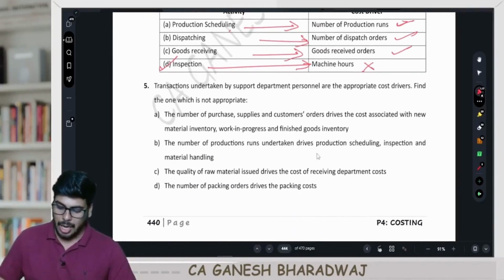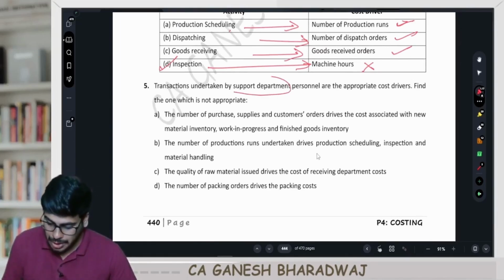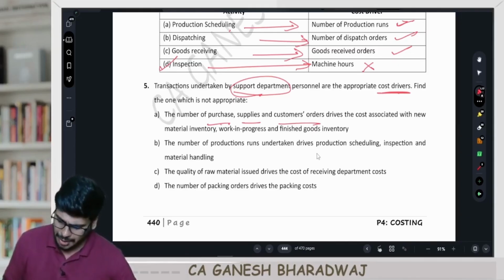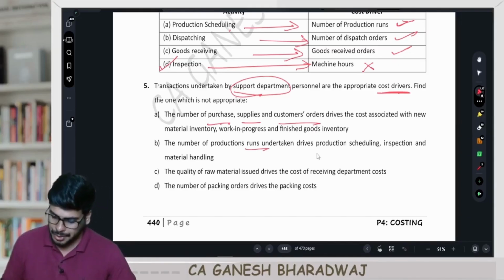Transactions undertaken by support department personnel are the appropriate cost drivers. Find the one which is not appropriate. They are saying number of purchase orders, supplies, customers' orders drives the cost associated with raw material inventory, work in progress, FG. The number of production runs undertaken drives the production scheduling, inspection, material handling.